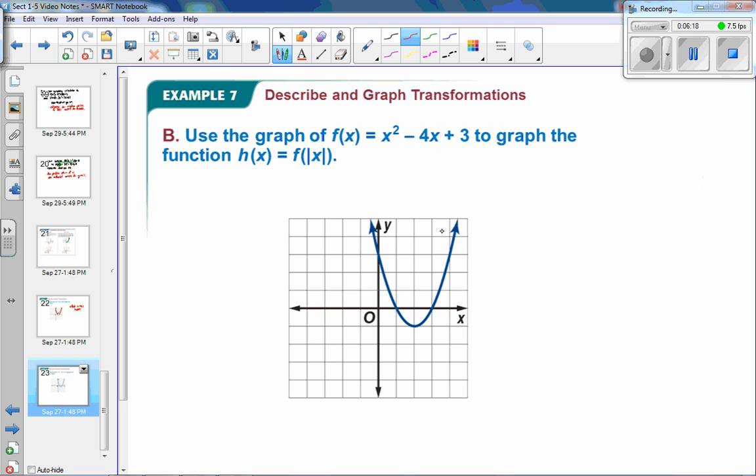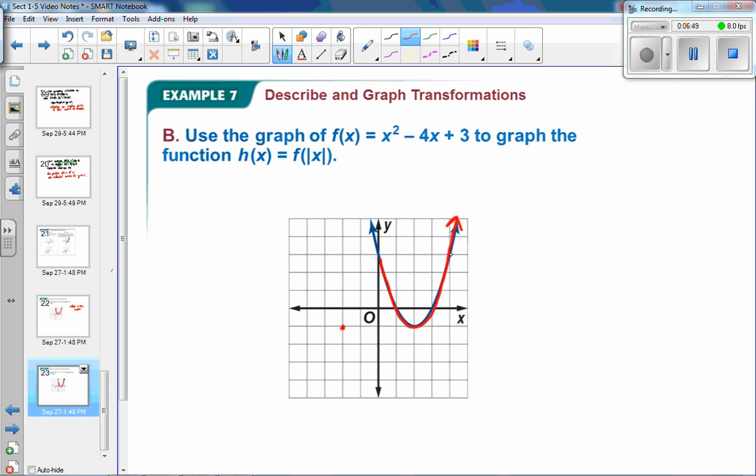Now let's try this one. Last example here. Use the graph of f of x equals x squared minus 4x plus 3 to graph the function h of x equals f of the absolute value of x. So now this is the one where I am reflecting it across the y-axis, but remember, it's this portion here that is going to get reflected. So that means this point is going to reflect to here.